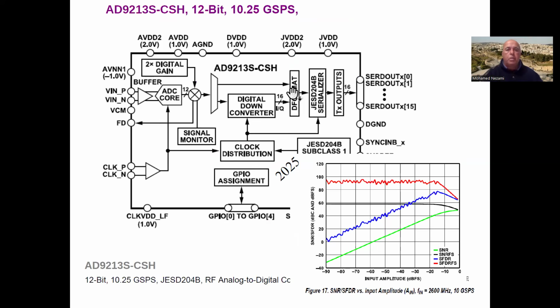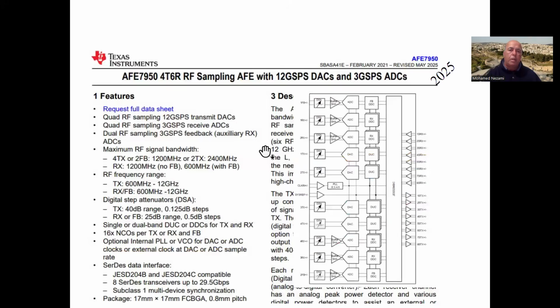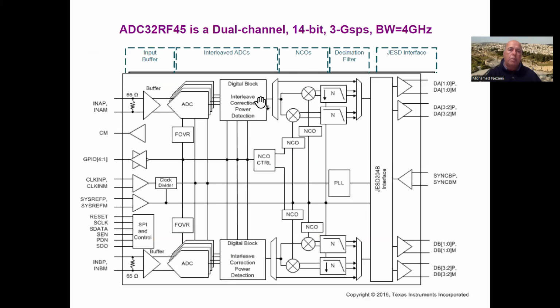All right, so this one is the same thing, okay, except it does have some options where you can bypass the digital down converter, for instance. And this is good in some cases where you want to do the digital down conversion in the FPGA. There are some functions that I forgot to tell you about in here. Like, for instance, you can have some DC offset removal or some correction and so forth.